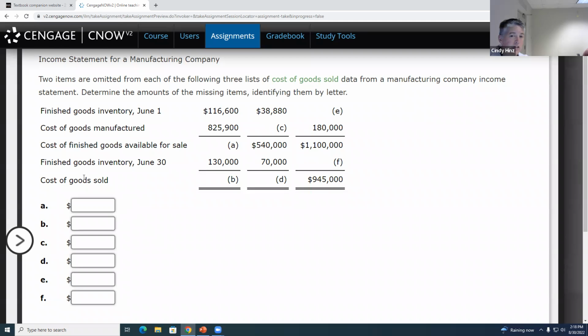That relationship looks very similar to what we learned in chapter 5 in financial accounting, except now we're using this word finished goods rather than just calling it inventory. Because again, for a manufacturing company, they have 3 different types of inventory, where a merchandising company has but one.